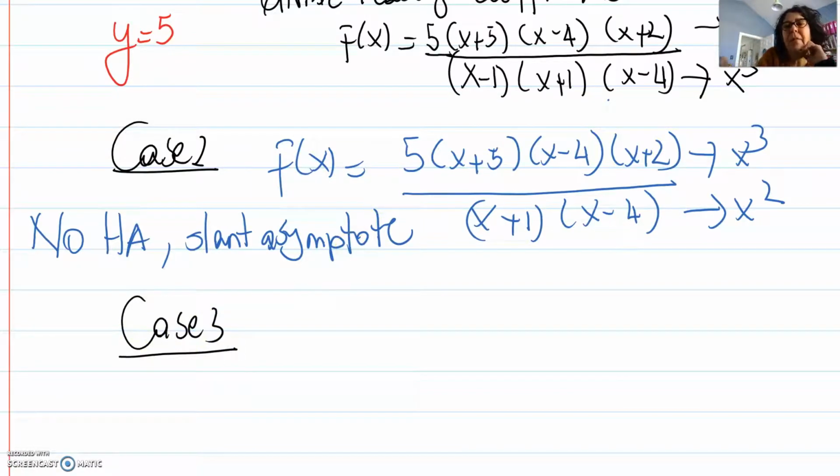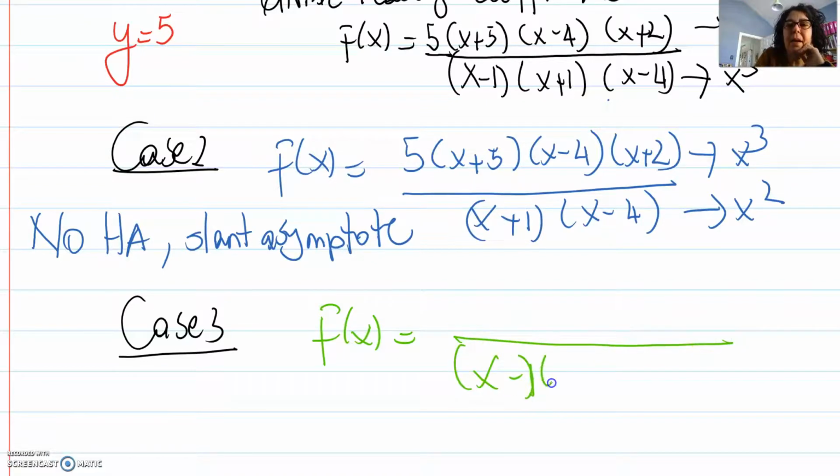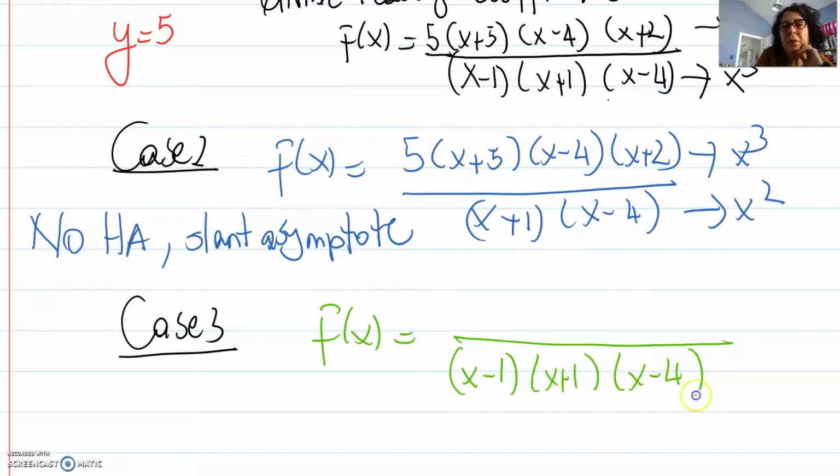We could have a function. What could that be? Now the degree could be higher on the denominator. If I have a function like that, it's really hard. Plus 1, minus 4. Now x plus 5 times x plus 2.